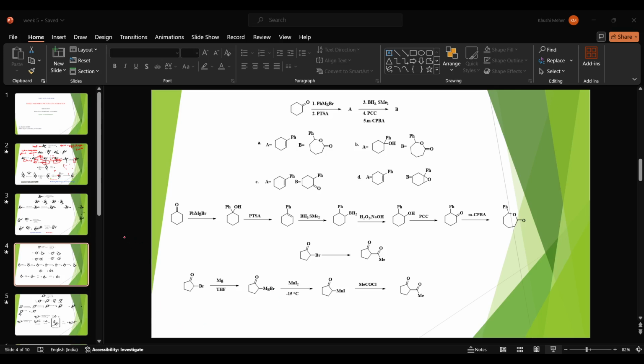In this first case we have RMgX, which instead of magnesium we have converted to the corresponding manganese one, and after that we are using acetyl chloride. This is nothing but CH3COCl, which we call acetyl chloride.